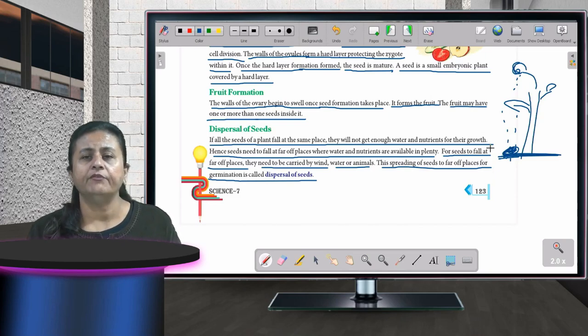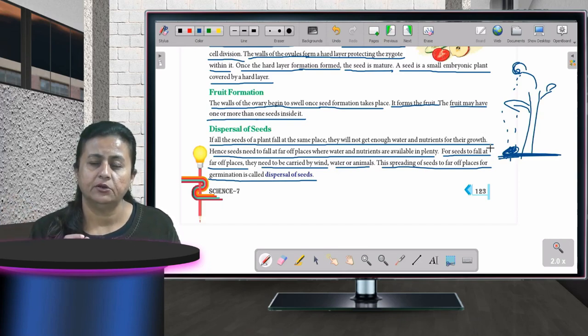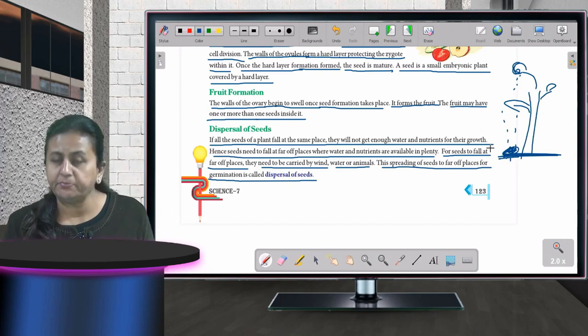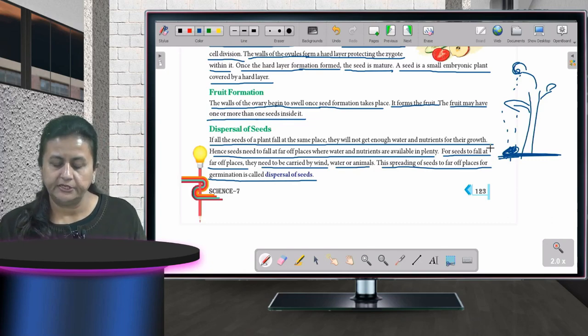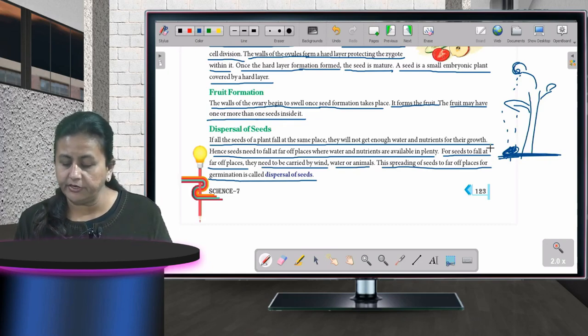So in case we want proper growth of the plant, what do we need to do? We need to have this dispersal of seed at far off places, so that all the seeds can have favorable conditions to grow. So the spreading of seed at far off places is called dispersal of seed, and it occurs with the help of wind, water and animals. Fine children?